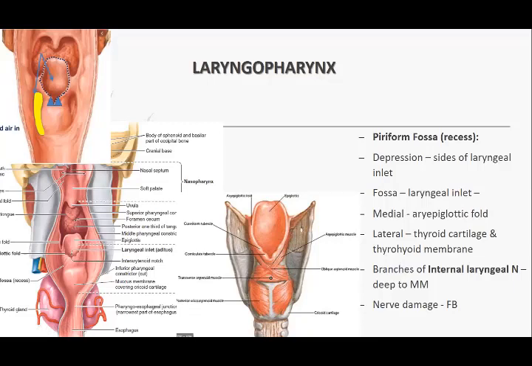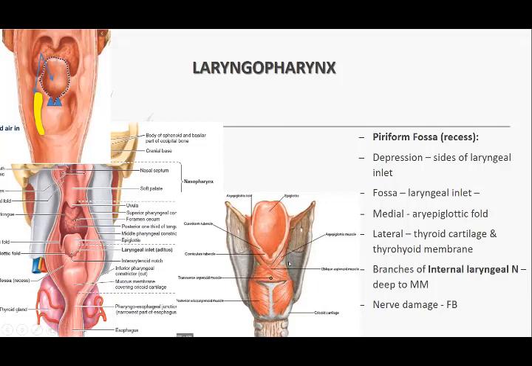There is a very rich sensory supply here, so this area is very sensitive. As soon as a foreign body comes to this area, reflex coughing starts in order to push the foreign body out. So if something gets stuck in your throat while eating and you start to cough, then understand that the foreign body went and got stuck here in the piriform fossa.